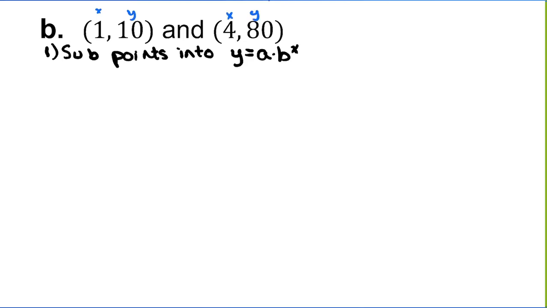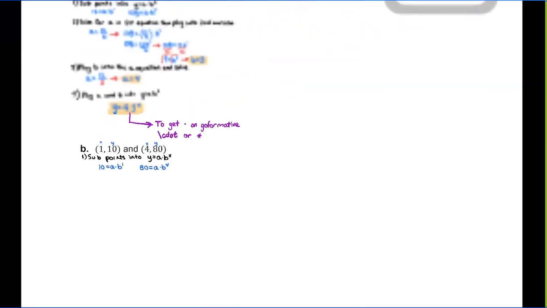So this first one will be 10 equals a times b to the first. My second one will be 80 equals a times b to the fourth.